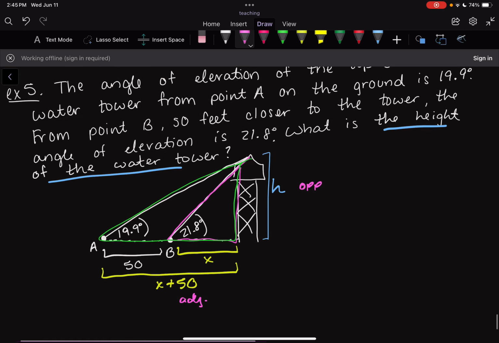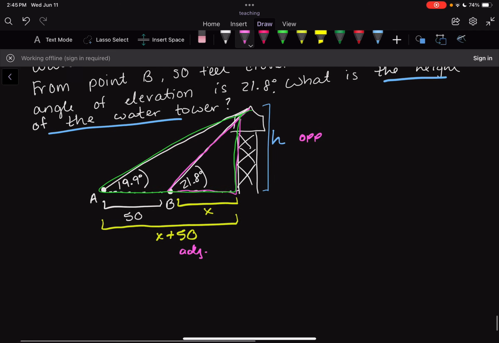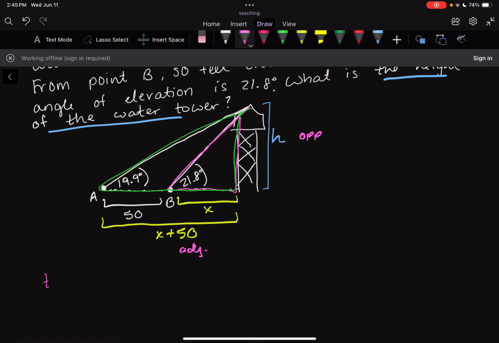My smaller triangle, I'm going to scroll down a little, is tangent 21.8 degrees is equal to height over x. Now my bigger triangle also has tangent. 19.9 is my angle in there. And it's h over this whole side here, which is x plus 50.